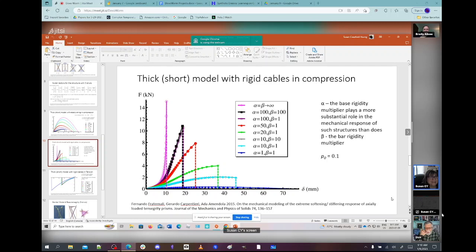So I'm going, okay. This is in compression, though, and this is in tension. And they all seem to follow the same curve in tension, which is really interesting, except for the ones that are basically loose, that are not really attached. Alpha equals 1, beta equals 1. They're very soft materials. It's this darker blue.